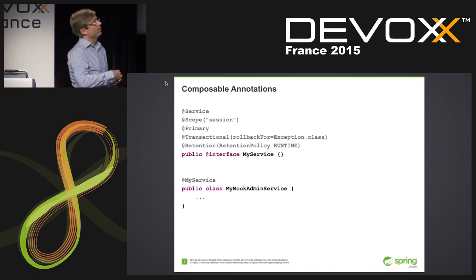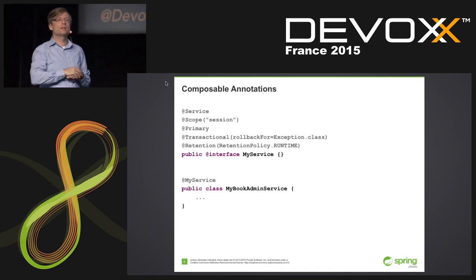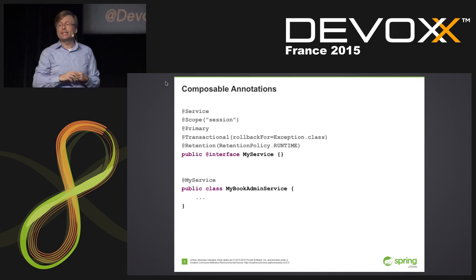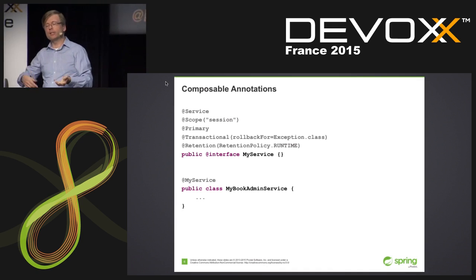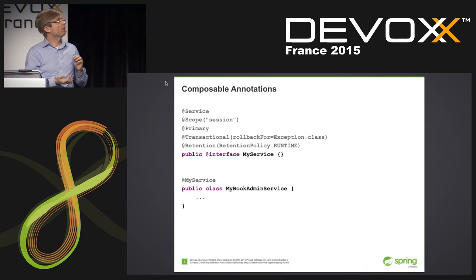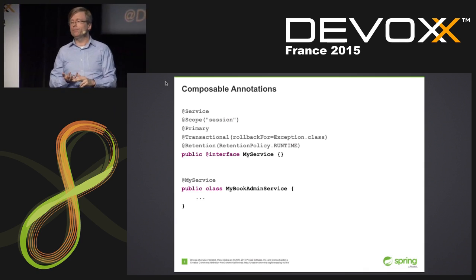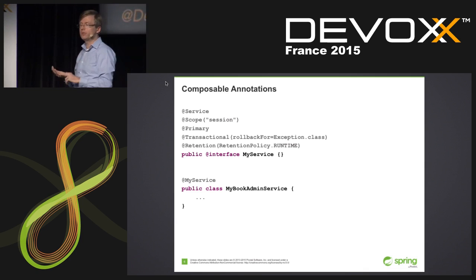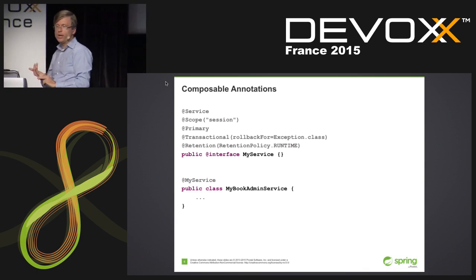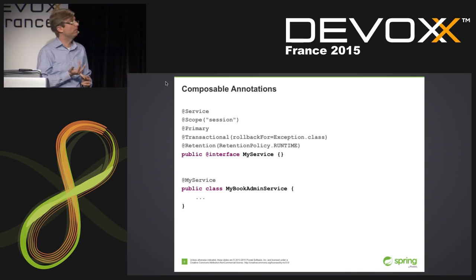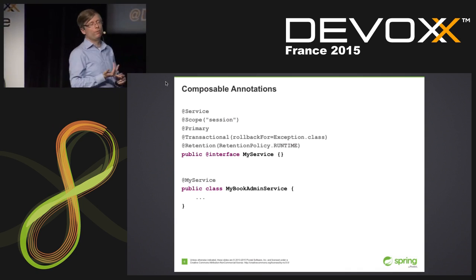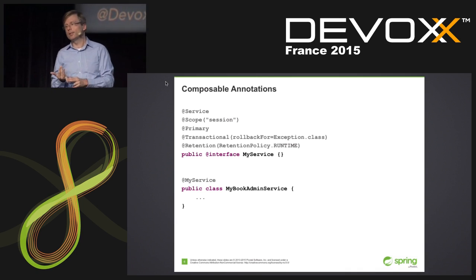It's declared above. It's a public @interface MyService, a custom MyService annotation, and it's meta-annotated with the standard @Service annotation, with a default scope of session, with a default transactional rule, and even with a default primary characteristic, which means it's going to win over other beans of the same type when somebody asks for my book admin service to be injected somewhere.